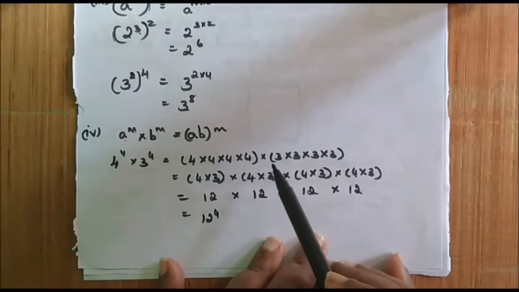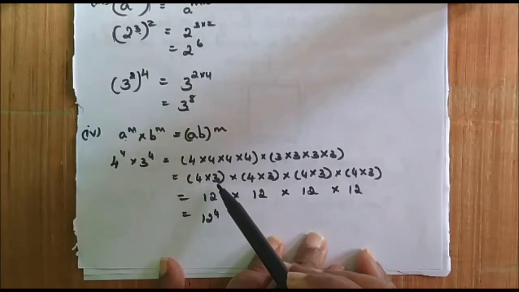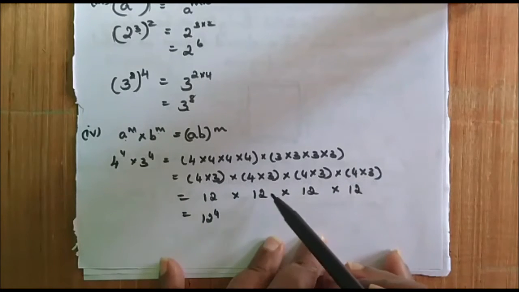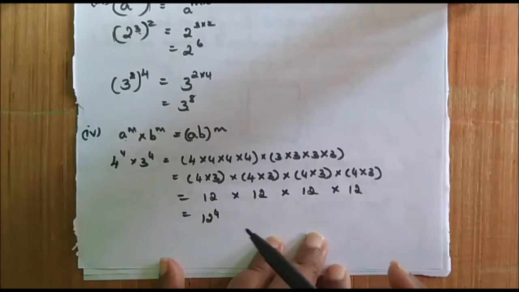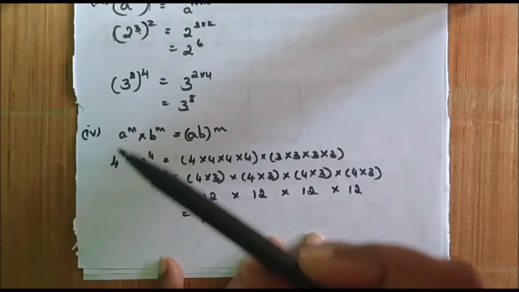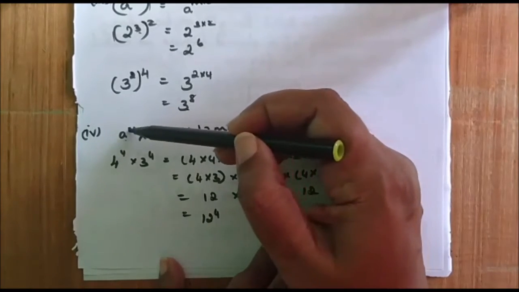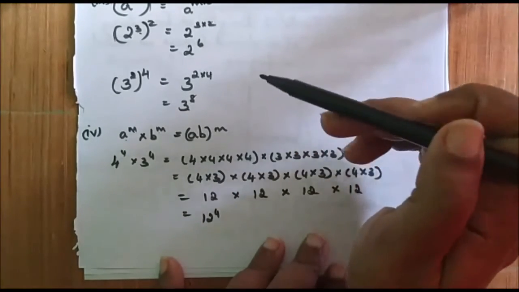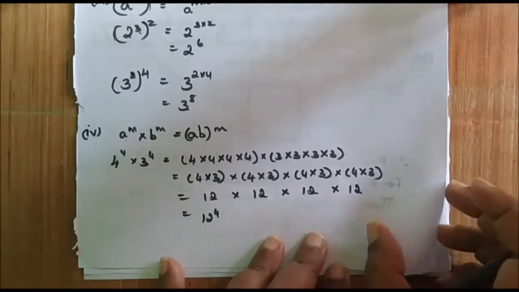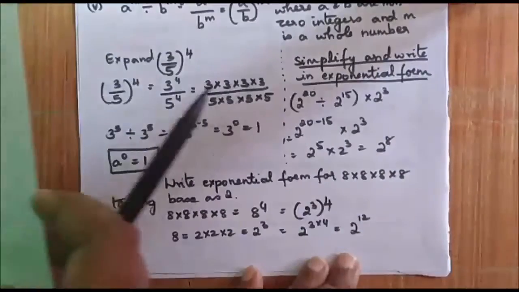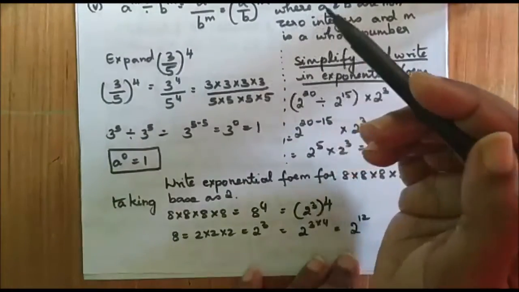Now we can join the common terms: 4 into 3, 4 into 3, 4 into 3 and 4 into 3, which is nothing but 12 into 12 into 12 into 12, which is 12 to the power 4. So if there are two different numbers, but the powers are the same, we can multiply them and write. Okay. I hope you got this law. We'll go to the next one.